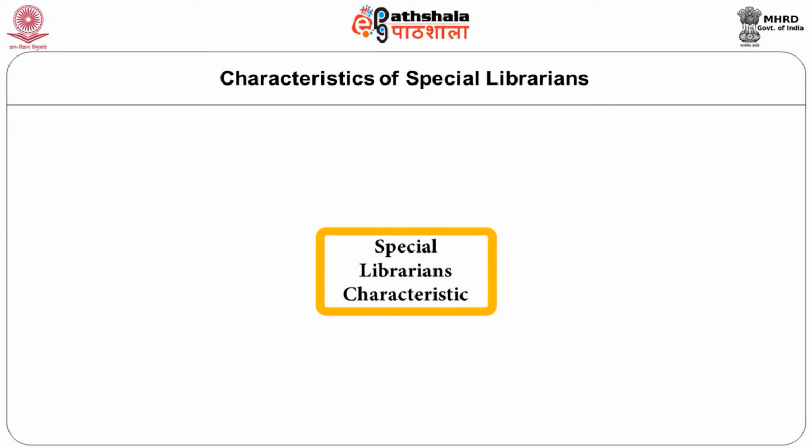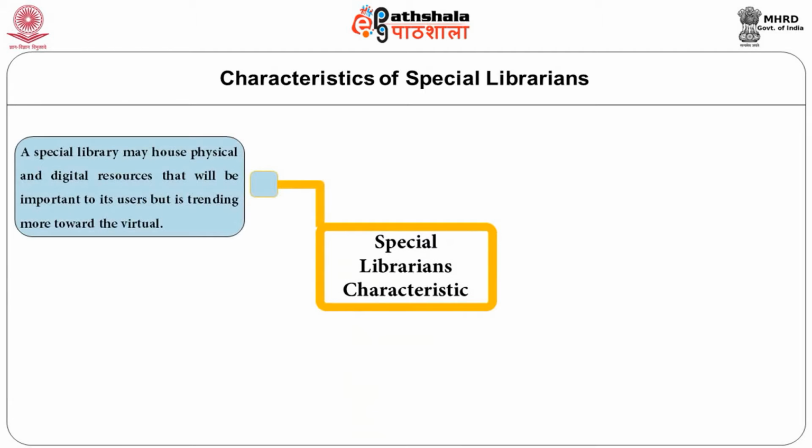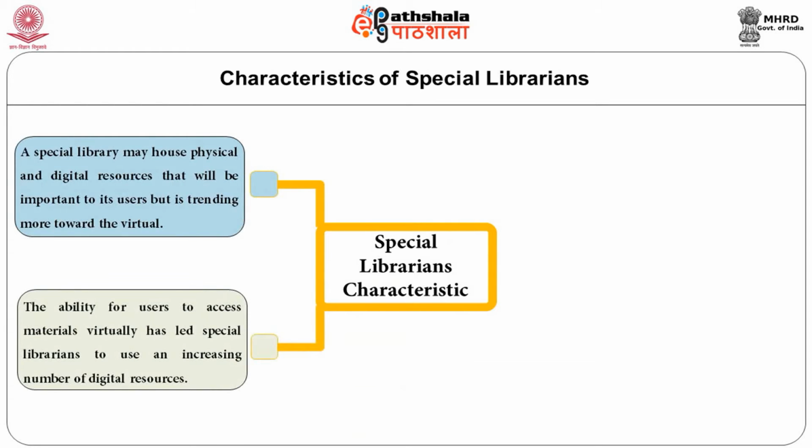Characteristics of special libraries. The librarian should have his own special characteristics. The main characteristic of a special library is its physical and digital resources that are important to its users, but it is trending more towards the virtual. The ability for users to access materials virtually has led special librarians to use an increasing number of digital resources that can be accessed from any location to meet users wherever they are.